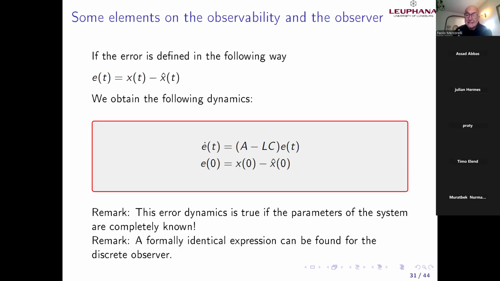Of course, x hat is never equal to x, first of all because x, I don't know. But independently of this abstract concept, we will see that in this case, as you remember from last time, we have an observer which is an asymptotical observer.